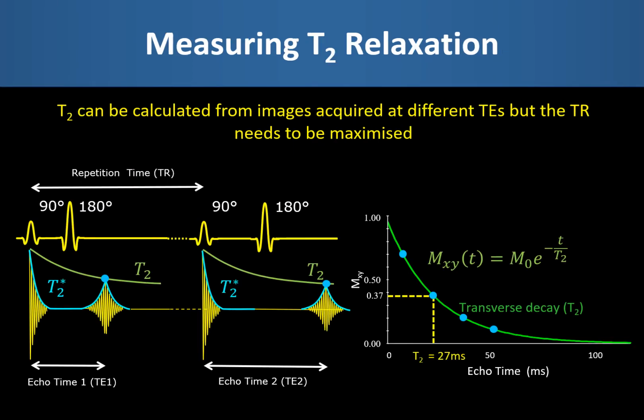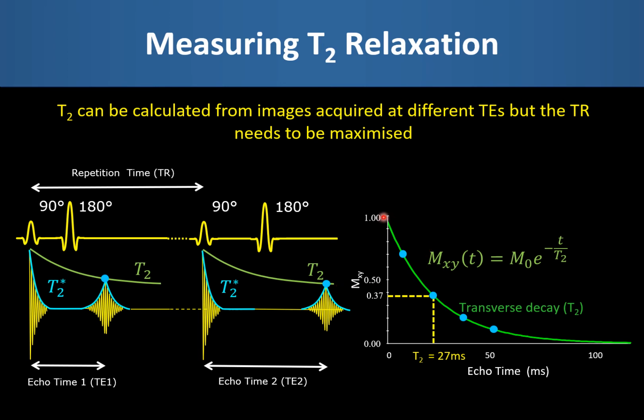Although it's not performed very widely clinically, we can actually calculate or measure this T2 relaxation time on a pixel by pixel basis, and we can simply do this by acquiring images with different TEs.